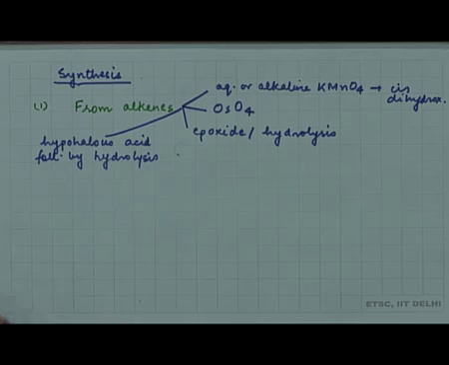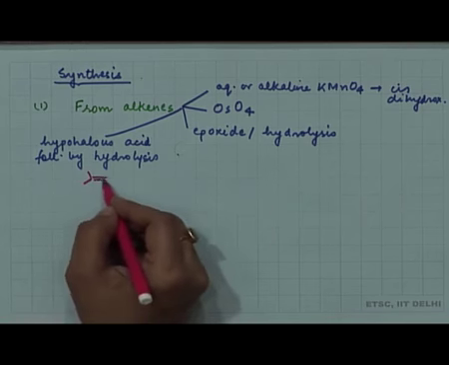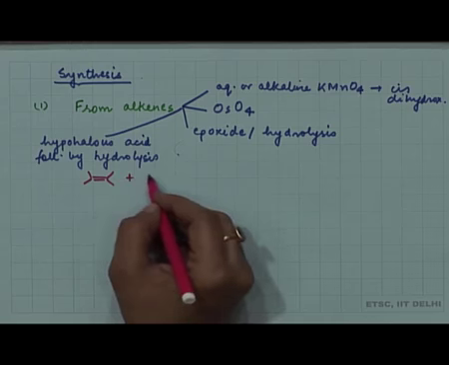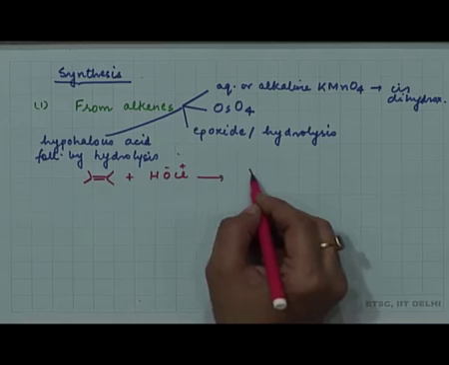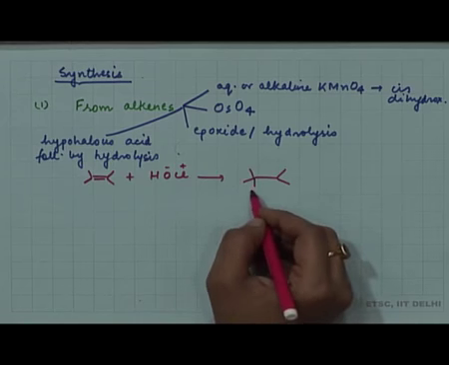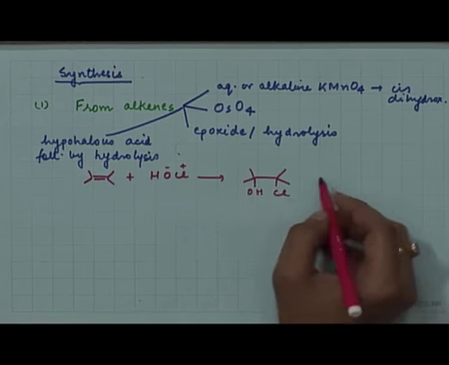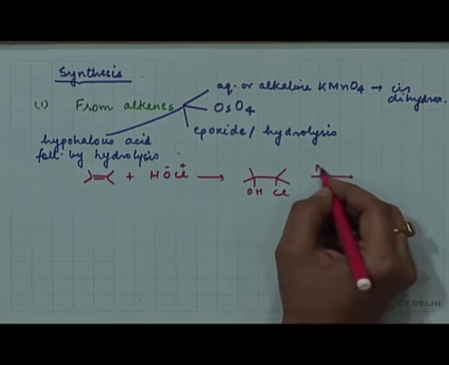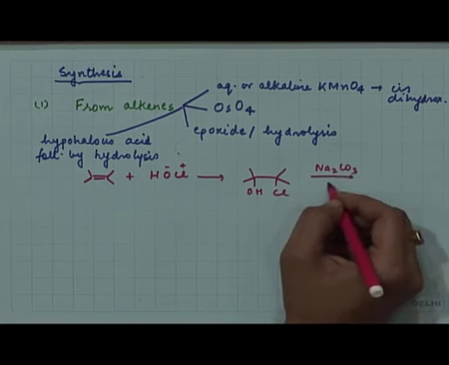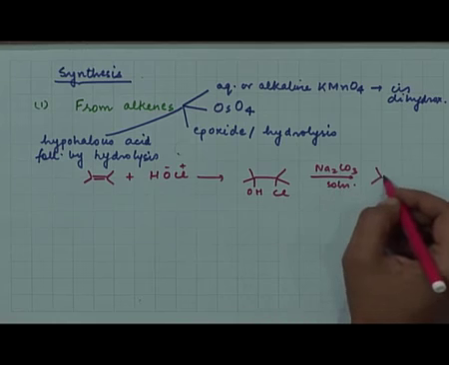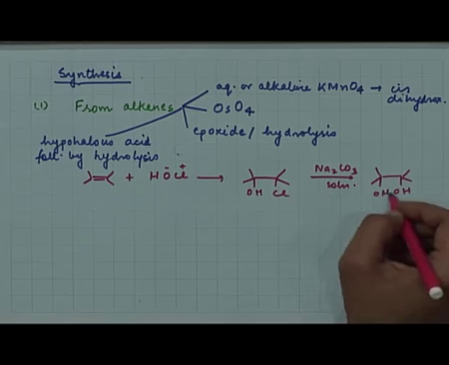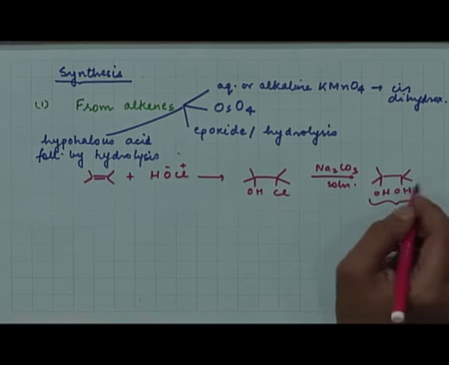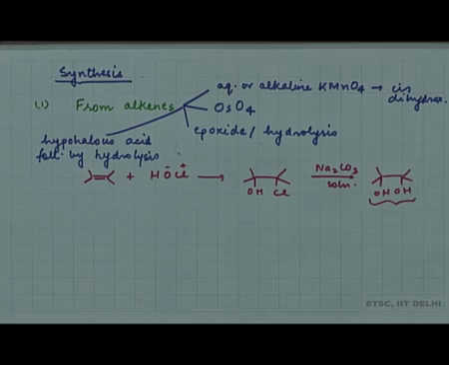I will just write it down in case you do not remember. You had an alkene, you treat with the hypohalous acid, which is a regular electrophilic addition reaction on the alkene, and this was followed by sodium carbonate hydrolysis, which yielded the corresponding diol.